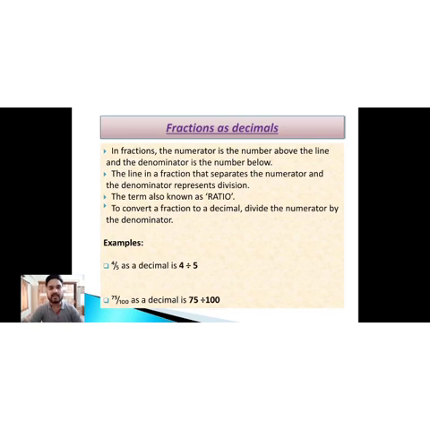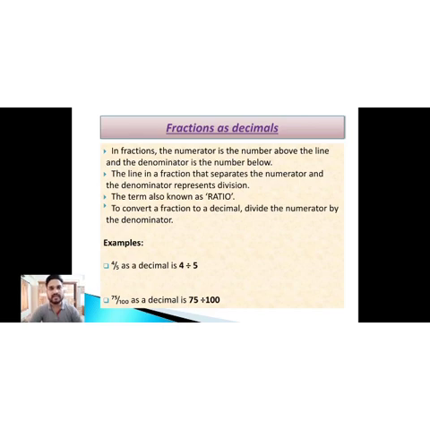It means the upper number is the numerator and the lower number is the denominator. To convert a fraction to a decimal, we simply divide the numerator by the denominator.